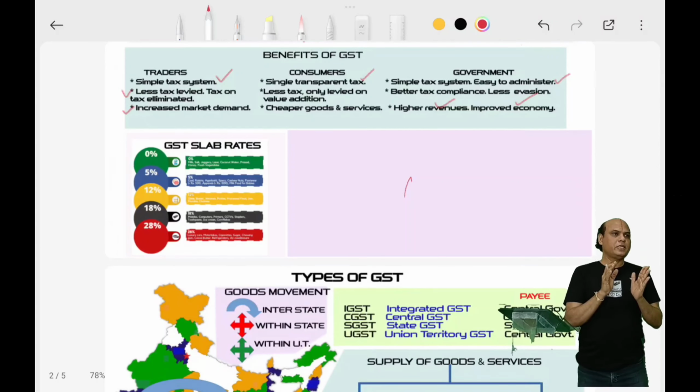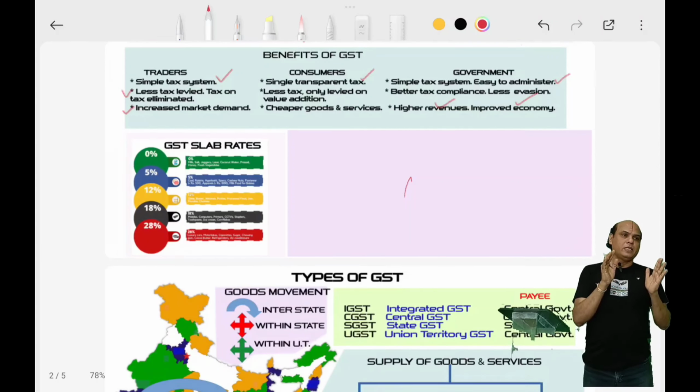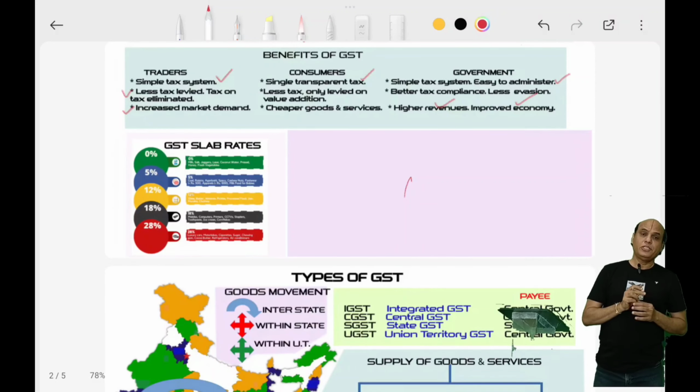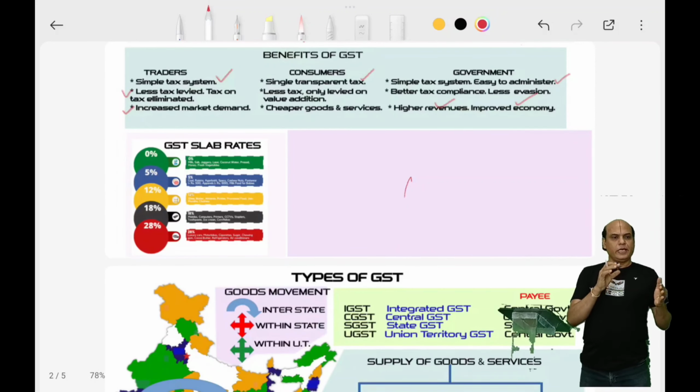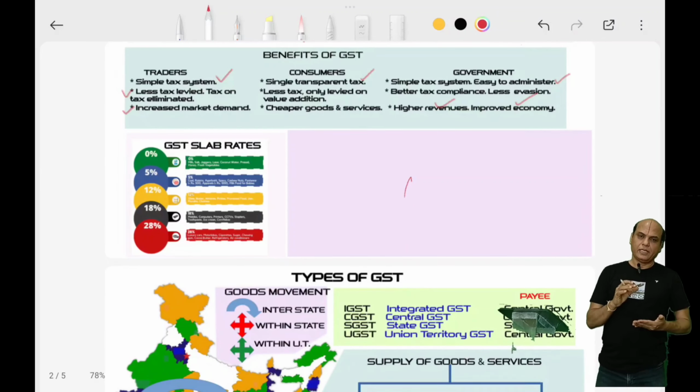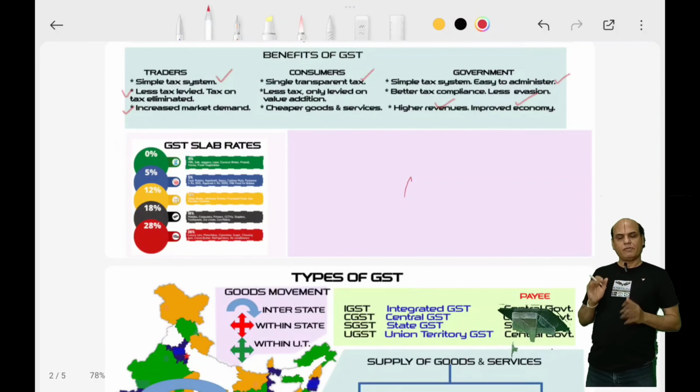See, the GST is governed by an authority called the GST Council. So this council meets on a regular basis to decide the percentage of tax that needs to be levied on different categories of goods.